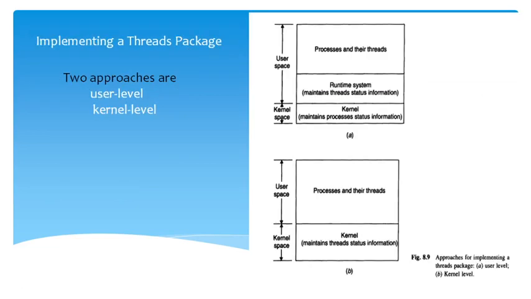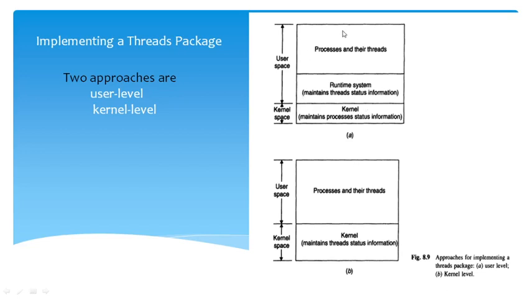And the next is implementing a threads package. There are two approaches for implementing a thread package. It can be implemented either in user space or in a kernel approach. These two approaches are referred to as user level and kernel level.